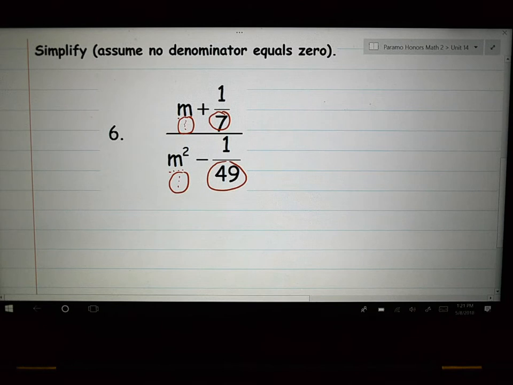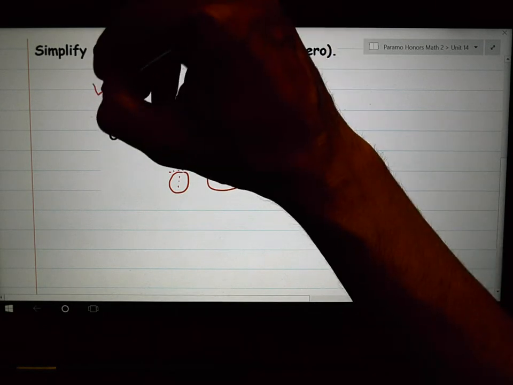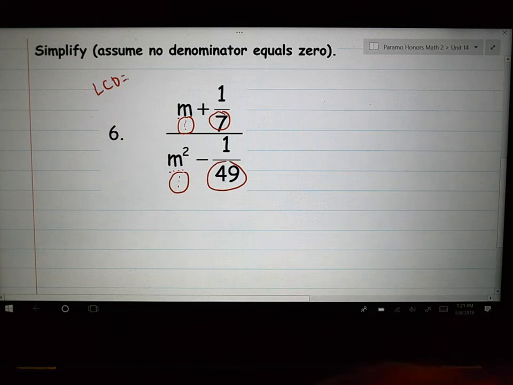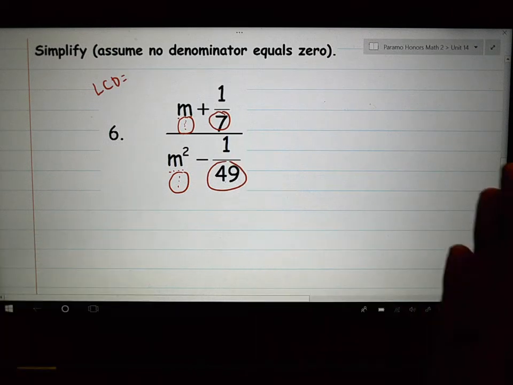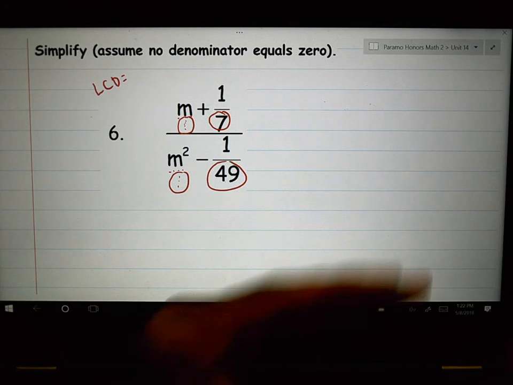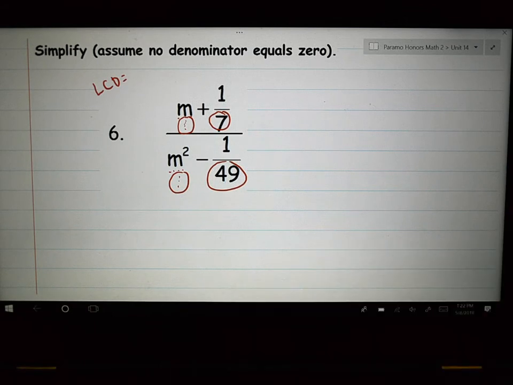These are all my little denominators. And what I need to do first is figure out what the LCD is, the lowest common denominator. What can all of these go into? The smallest number that they all can go into evenly.